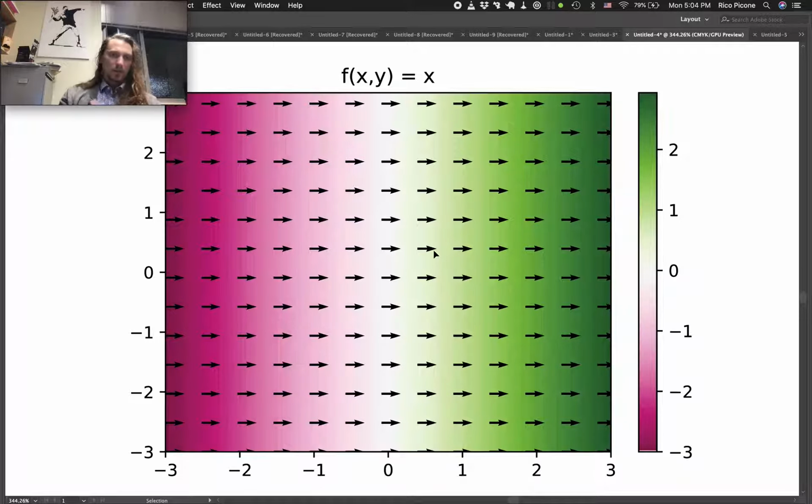At each point where we've got the vector represented, we have an arrow in the positive x direction, and that is the direction that little f is increasing.